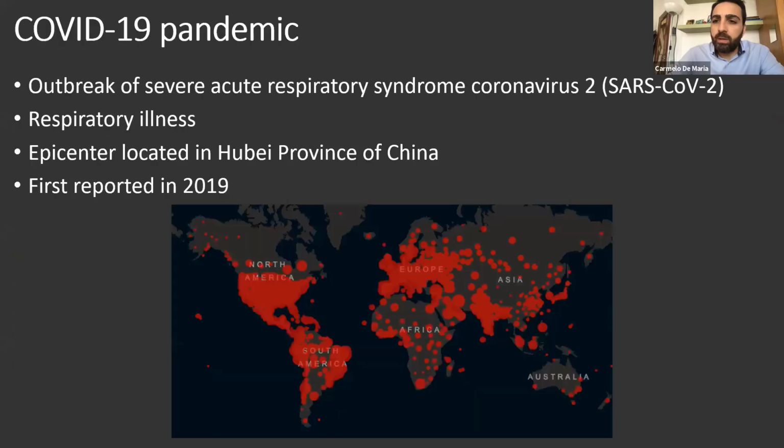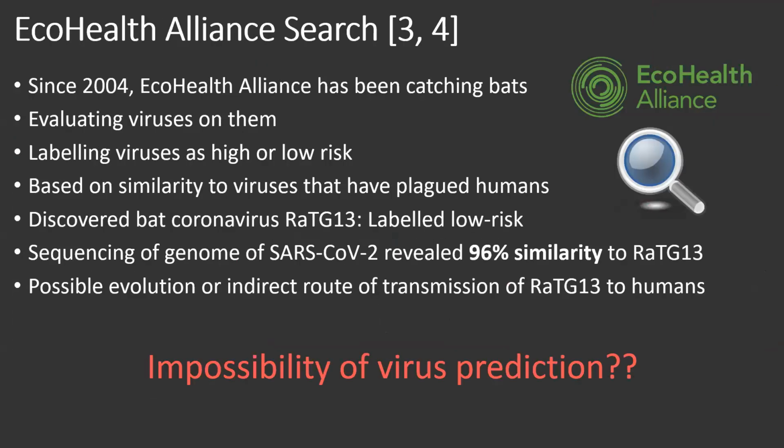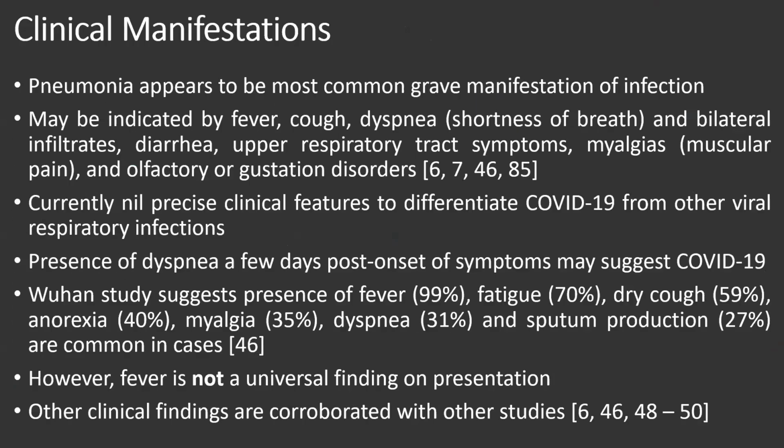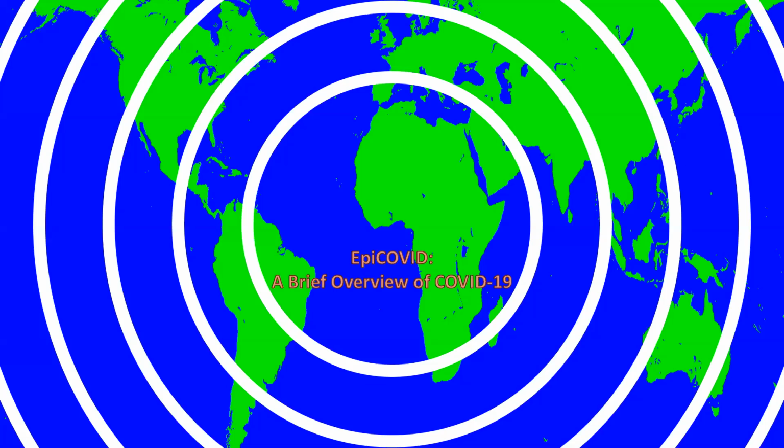We have also a question from Lynette. Hi, thank you for the presentation. You've answered most of the questions that I actually had with regards to immunity and all of that. But you did mention that COVID-19 has genome similarity of 96% with another virus.